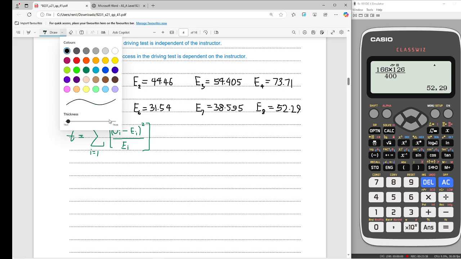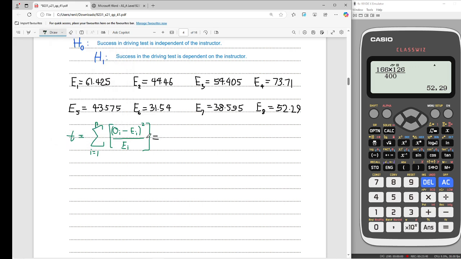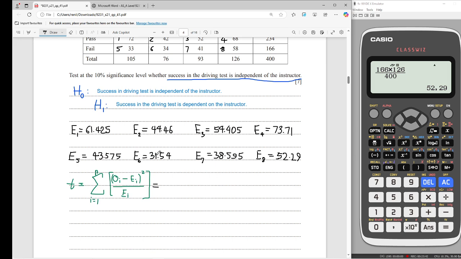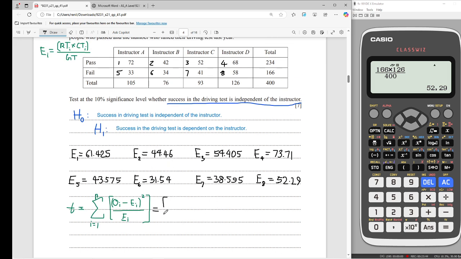So when I equals 1, we have here observed value of the first one is 72, which is the observed value of the first one minus the expected value, which is 61.425. We square the difference between our observed and expected and divide it by our expected value itself.